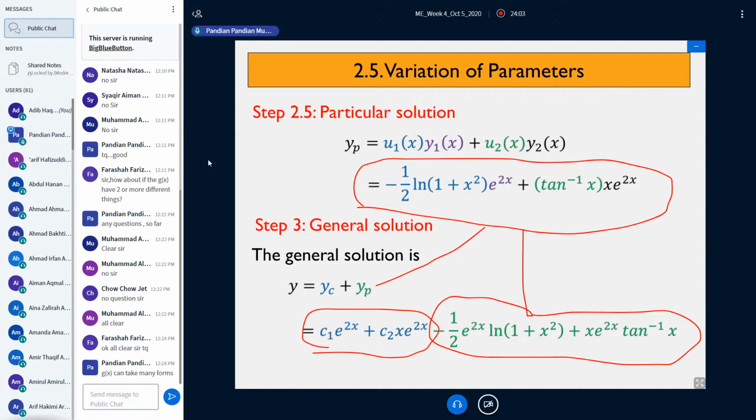So you have to refer to the forms. gx can take many forms. So that is the problem.